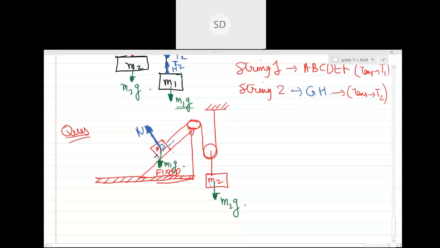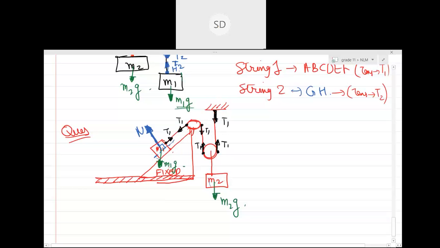Now the last force is the tension force. Can you see this string? All these parts are part of string one, right? So there will be a tension T1 over here, over here, and over here. I have drawn the tensions at every point.